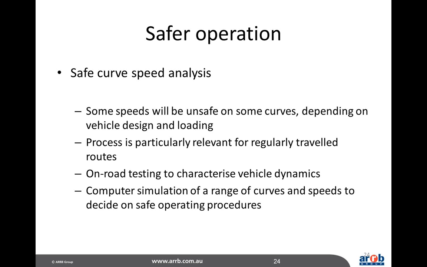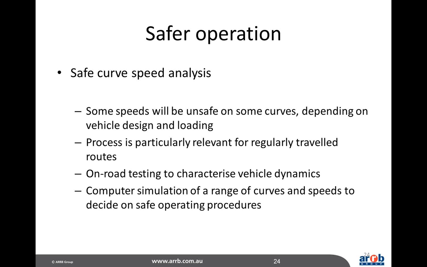Depending on the type of the load and the vehicle design and the terrain, vehicles travelling the same route regularly, such as in a mine hauling operation, may encounter curves that need to be negotiated at a much lower speed than the rest of the route. So the process of determining safe curve speeds usually involves a bit of on-road testing to characterise the dynamics of a certain vehicle and to learn how it responds to certain steering inputs and how it responds to the curves that it travels along.